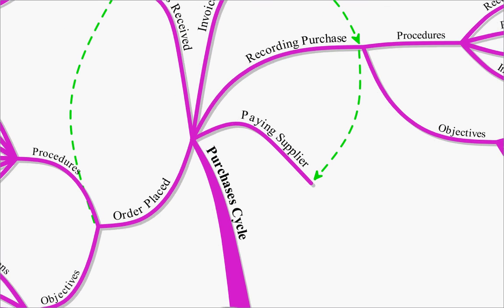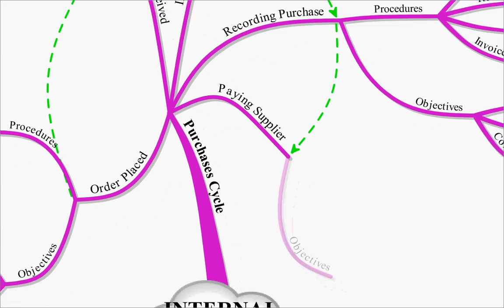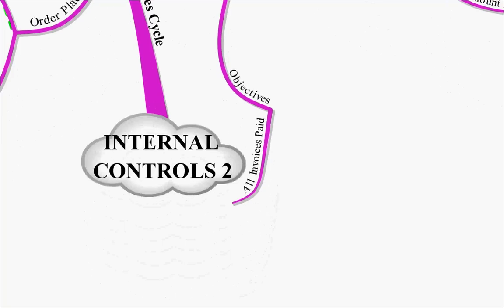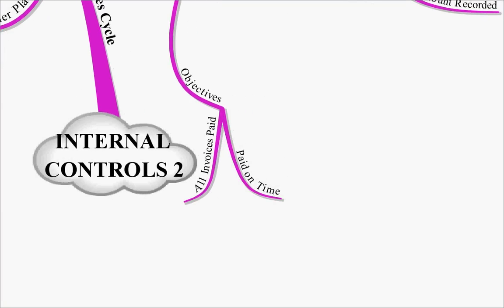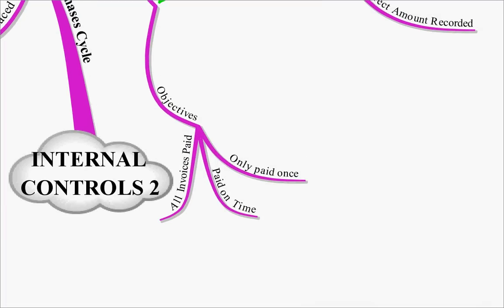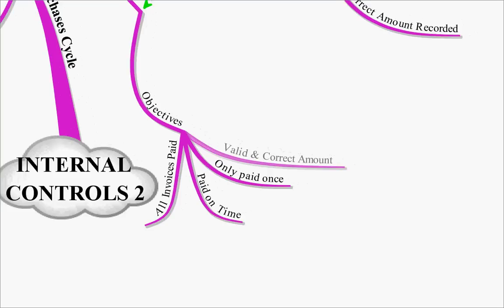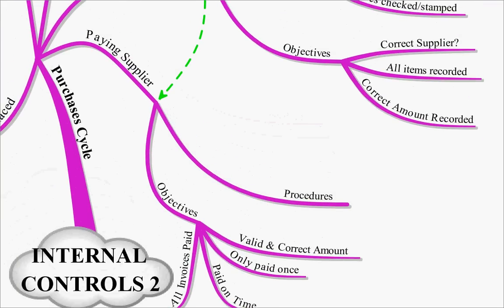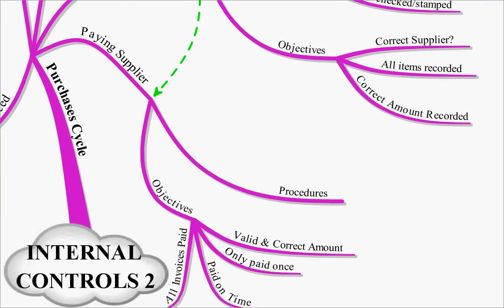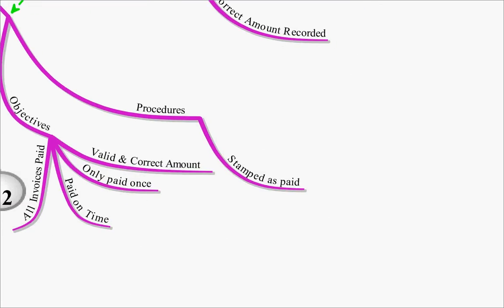Bringing us on then to paying our supplier. The objectives here are that all invoices are paid, that they're paid on time, that they're only paid once, that we're not multiply paying invoices, and that the amount is valid and correct. Procedures to ensure this then. Again, we want to make sure that the invoice is stamped as paid.